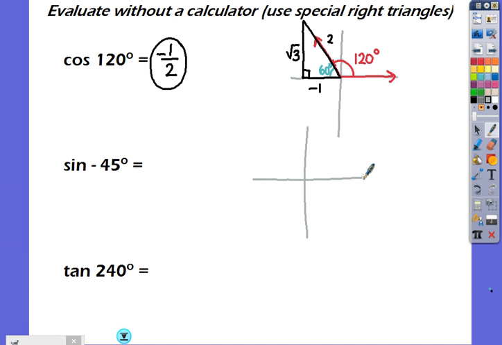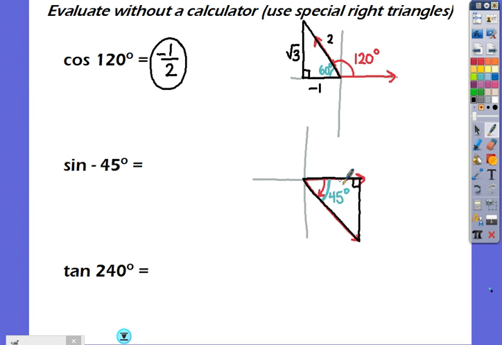Negative 45 degrees. Let's draw that. Always starting on the positive x, a negative angle rotating this way. And the reference angle is just that one that brings us back to the x-axis. Our reference angle is a 45-degree angle, which I love because I know everything there is to know about 45, 45, 90 triangles, yes?